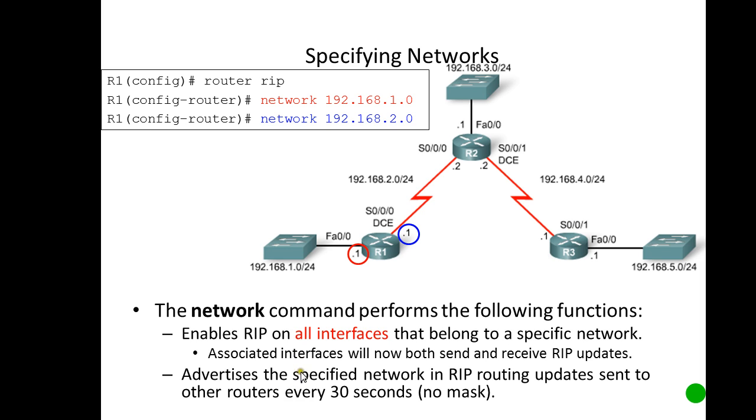And it advertises the specified networks, meaning 1.0 and 2.0. The RIP routing updates are sent to the other routers, in this case R2, every 30 seconds. Every 30 seconds, it sends the routing update messages to R2. That update message contains two networks, one is 1.0 and the next one is 2.0.